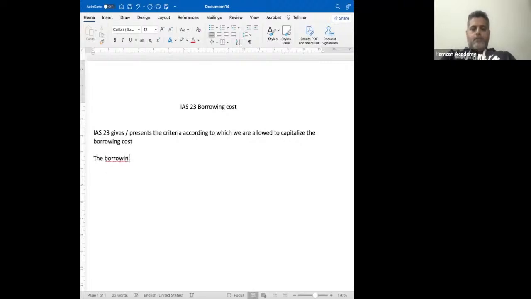Now, the borrowing cost is the cost of interest that we have to bear on borrowing the money, which is used to finance the acquisition or construction of a qualifying asset.